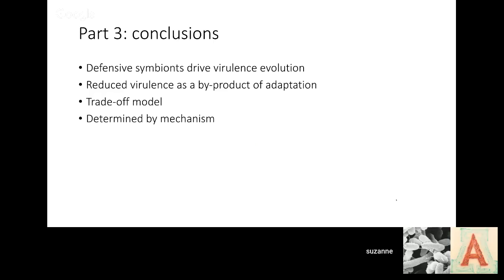But of course, the other model could very much happen in other systems where different mechanisms are happening. So I think the direction of virulence evolution could go one way or the other, and that would very much likely depend on the mechanism of interaction between the symbiont and the pathogen in each case.